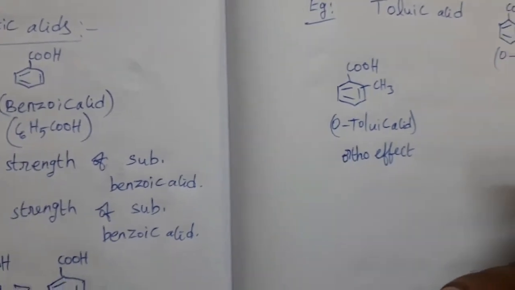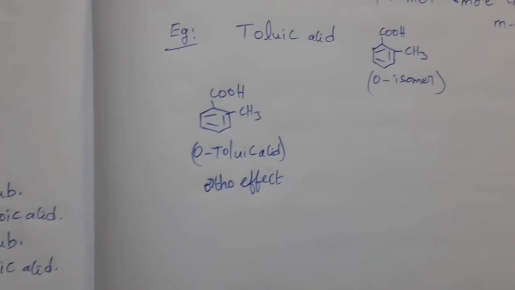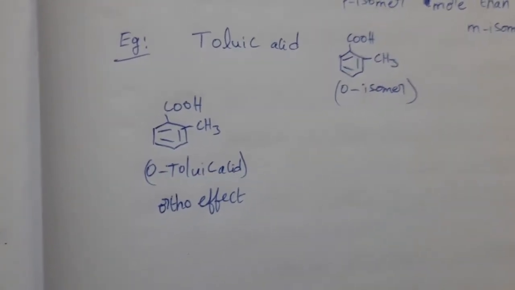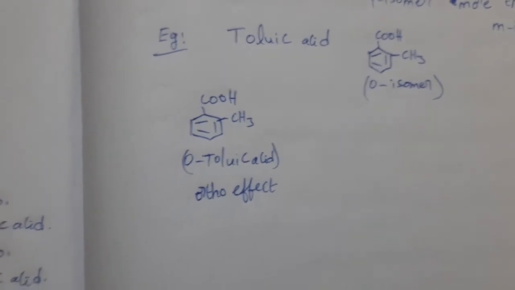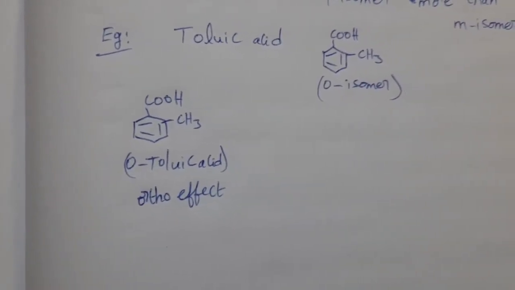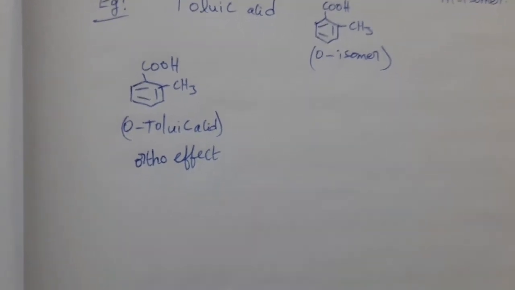And come to the next. Remaining two, para and meta forms. For this toluic acid, CH3 is an electron releasing group, an electron donating group. Due to this electron donating nature, the para and meta forms are less acidic than benzoic acid.